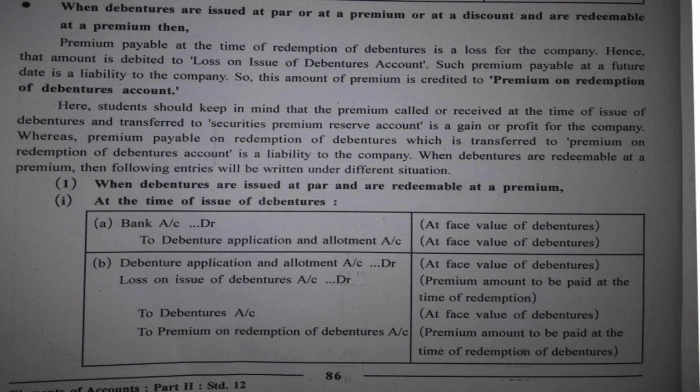It says when debentures are issued at par or at premium or at discount and are redeemable at a premium, then if you remember, we have studied a table in the last lecture: debentures issued at par, redeemable at par; issued at premium, redeemable at par; issued at discount, redeemable at par.